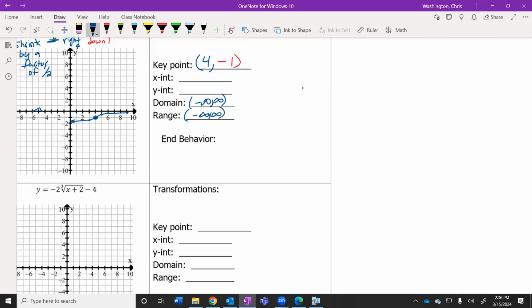The only thing that's really going to change on the end behavior for these is that second number. And that really just depends on whether it's been reflected or not. So in this case, it has not been reflected. So the left side is still going down and the right side goes up. So the left side end behavior is negative infinity and the right side end behavior is positive infinity. Cool.